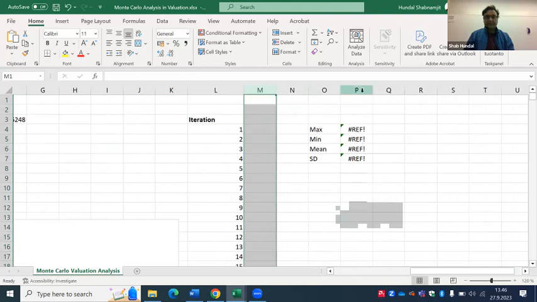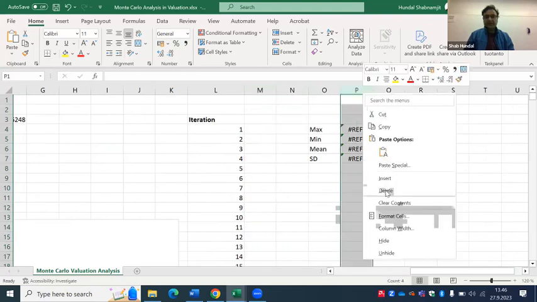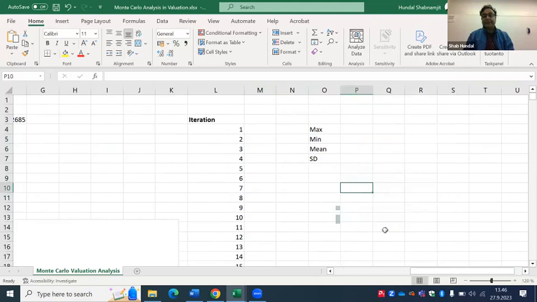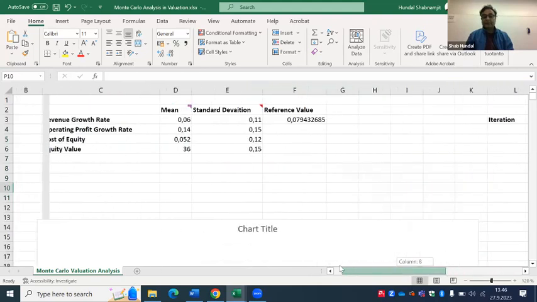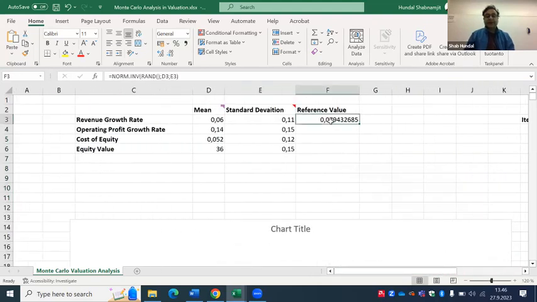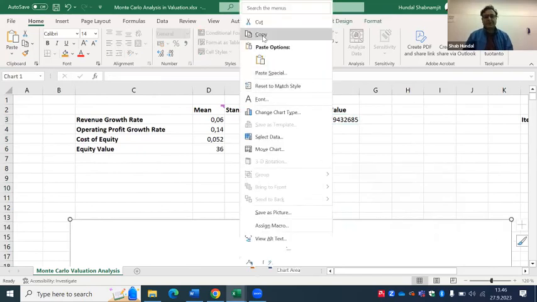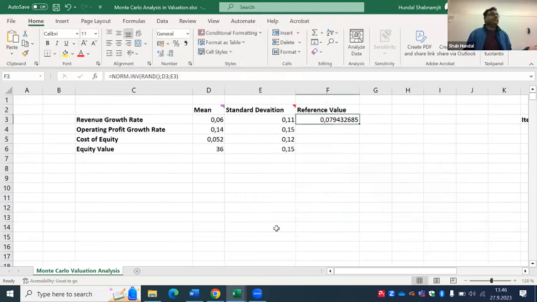This I keep, only the names. I can remove the chart also because it doesn't matter.